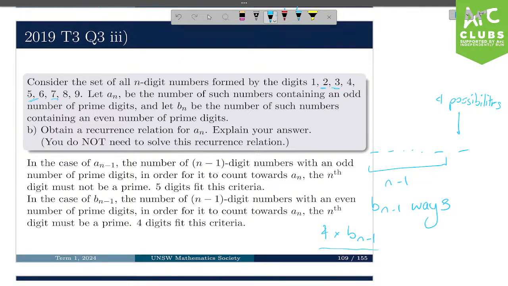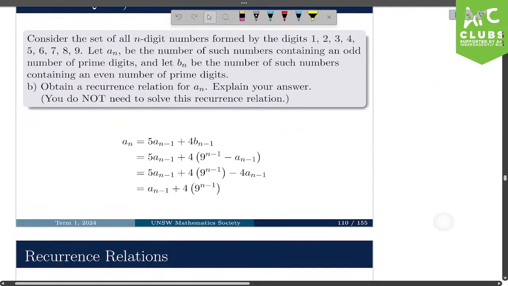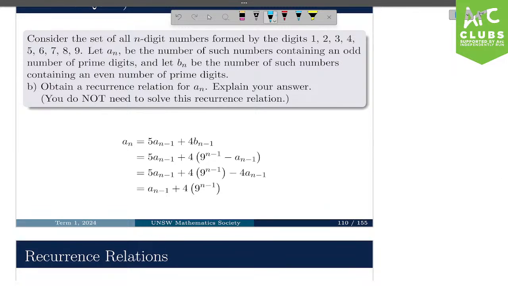So anyways, we have 4 times b_{n-1} ways in this case. We had 5 times a_{n-1} ways in the first case. So we have a_n is equal to 5 times a_{n-1} plus 4 times b_{n-1}.